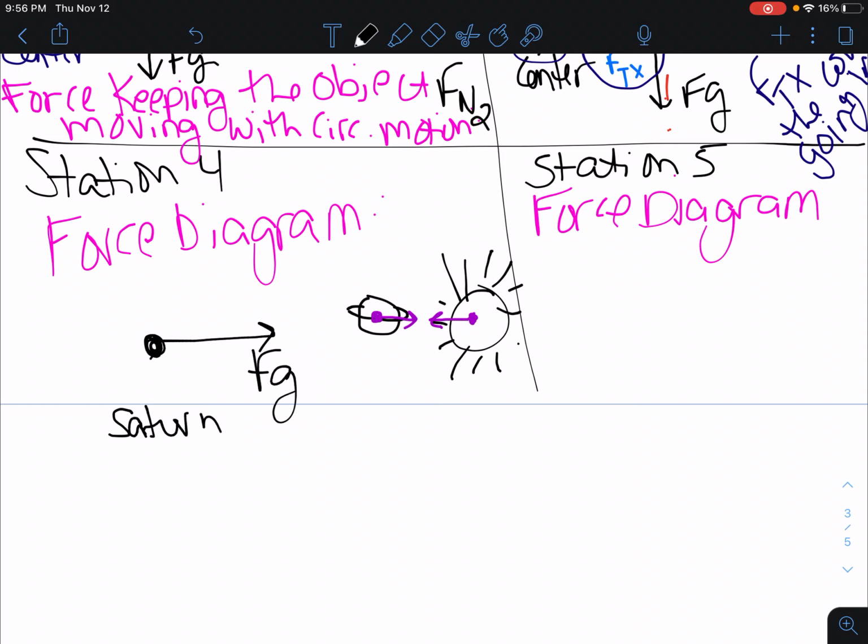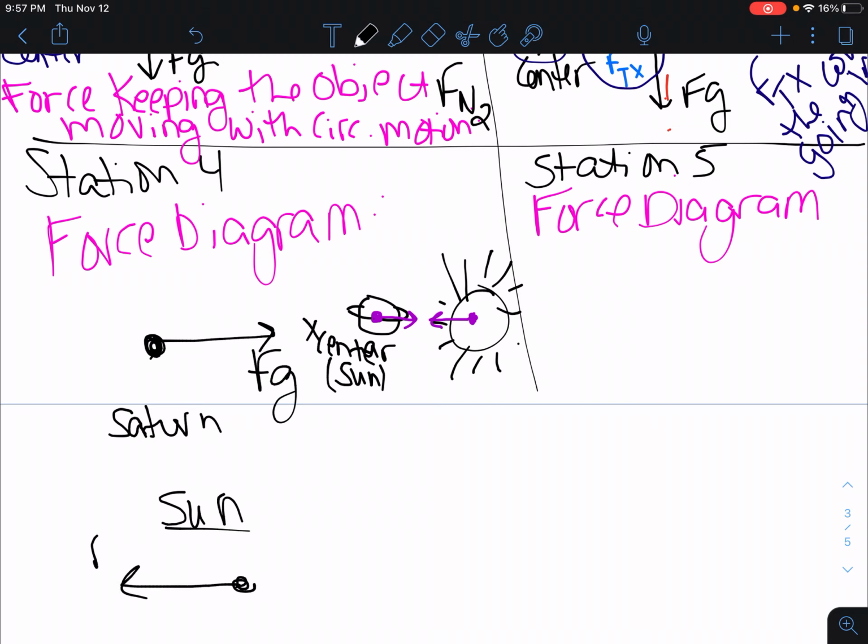So we've talked about what's the minimum number of forces an object needs to have acting on it in a force diagram. It's just one. It's the gravitational force. The center of my circular path is going to be the sun because everything is revolving around the sun. The sun is at the center of that circular path, okay? If we were going to draw a force diagram for the sun, the force diagram would go back this way, okay?